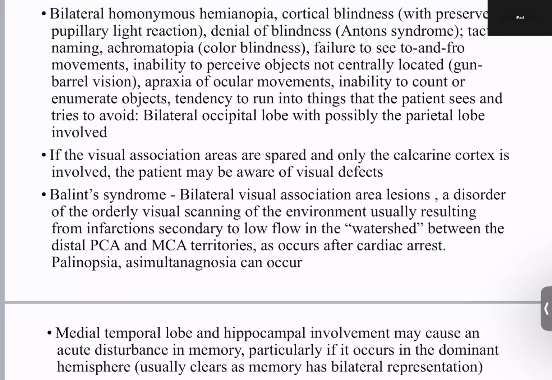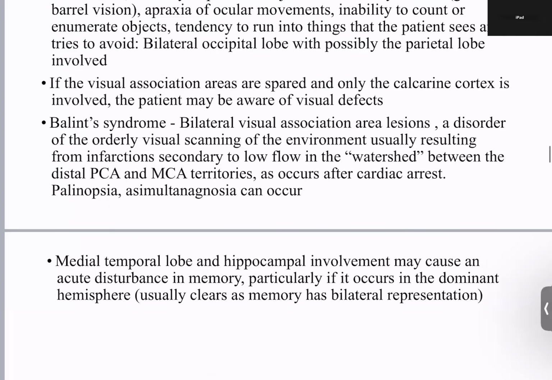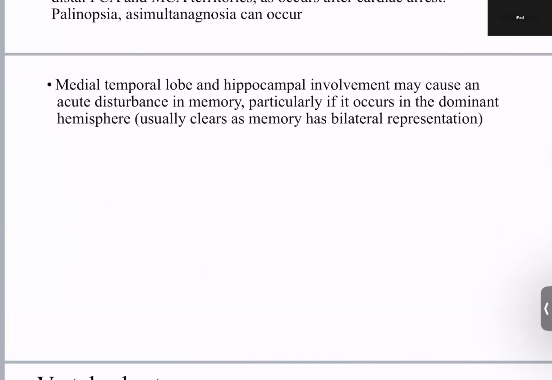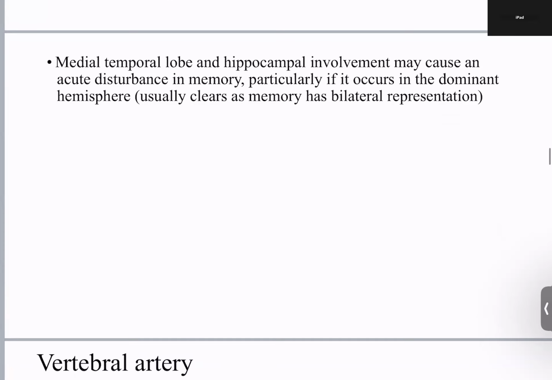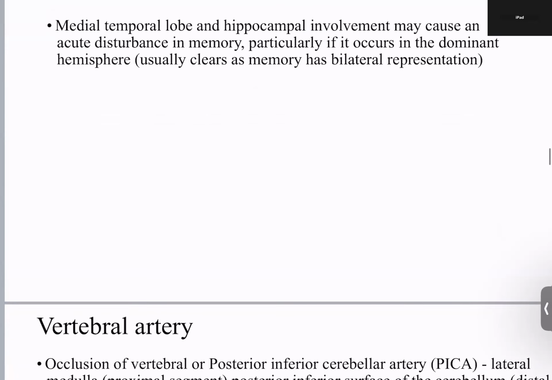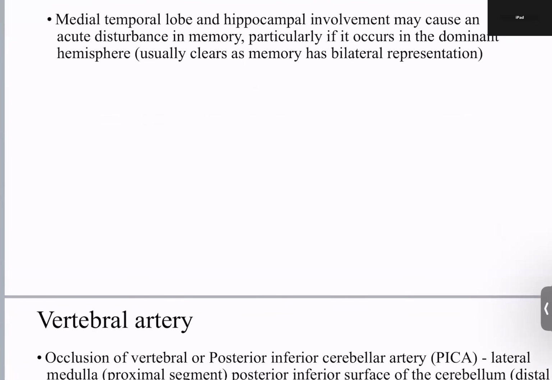Palinopsia and asimultagnosia can occur. Medial temporal lobe and hippocampal involvement can cause an acute disturbance in memory, particularly if it is in the dominant hemisphere. But usually it clears, as memory has bilateral representation.